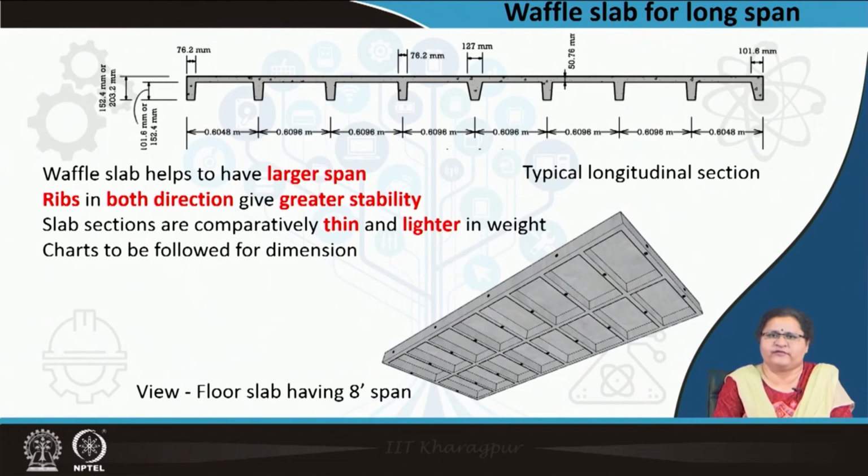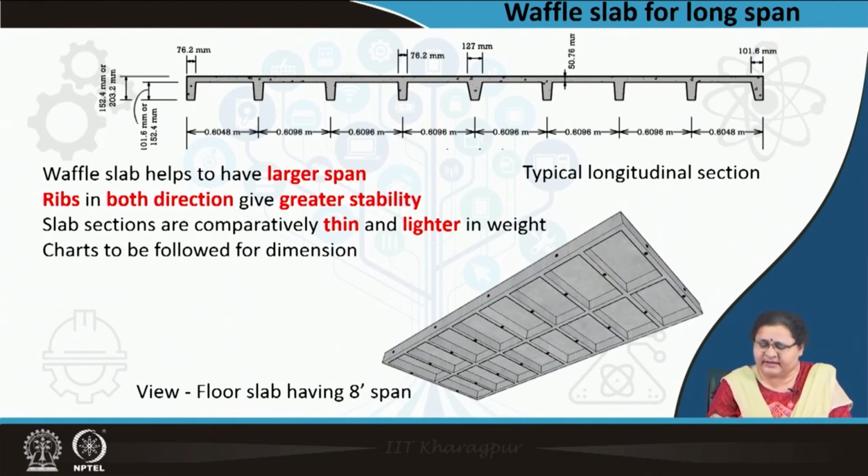These are also meant for long spans, where you see it is one slab, it is not a flat slab, neither a T slab, neither a combined one, rather a combination of both. So, these can go for large spans, but they can take in tension in both the directions. So, they have ribs in both the directions and they have much better stability.